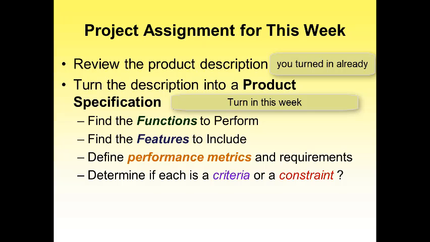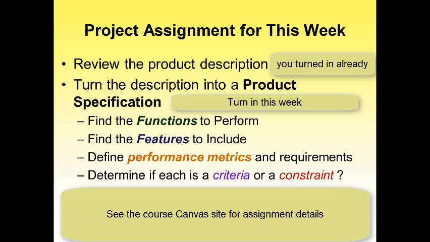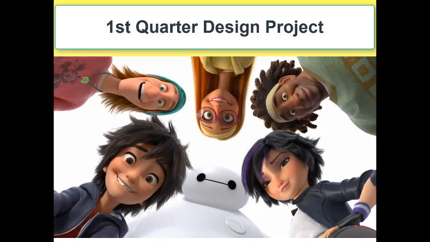We really want to know which ones are the hard things that we just can't change and which are the ones that we might be able to play around with a little bit. Either way, the guidelines for the assignment are posted on Polylearn, and they'll guide you through the rest of the exercise. So with this, I hope you enjoy the project that's coming up.